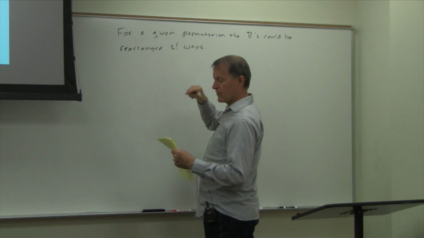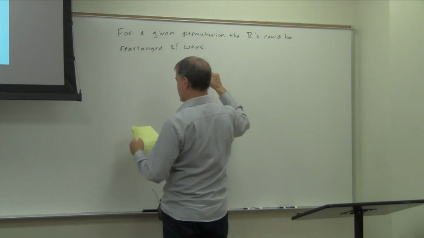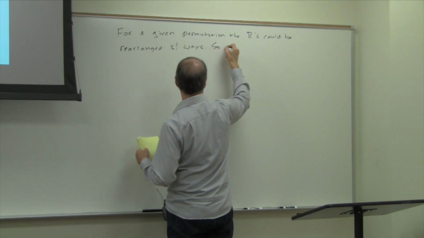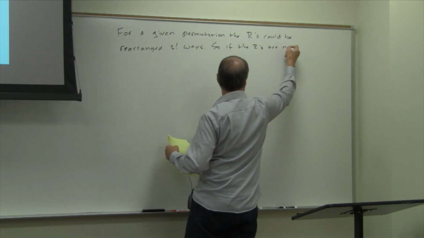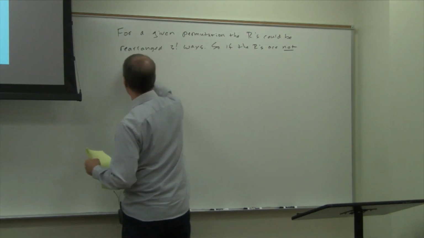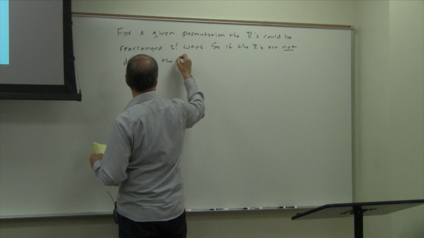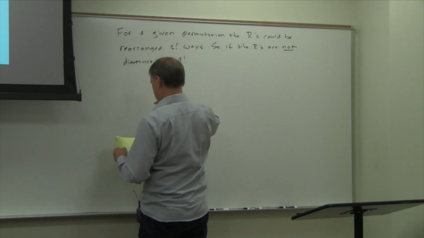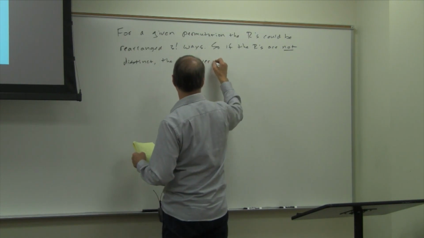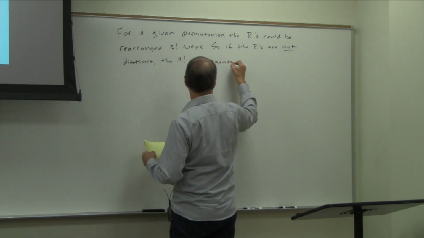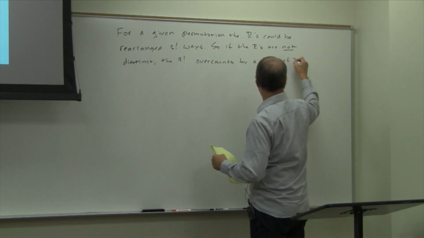If the R's are not distinct, 9 factorial overcounts by a factor of 3 factorial.